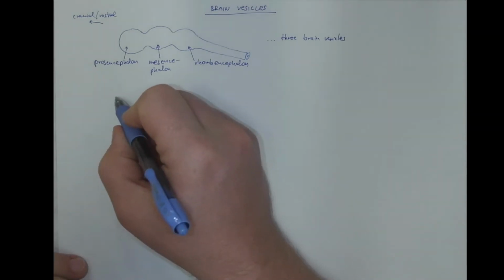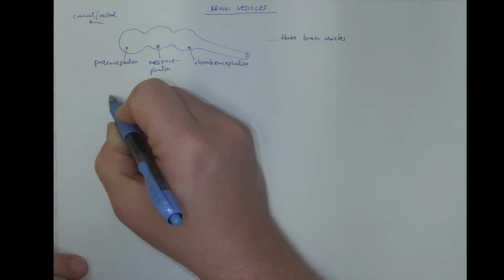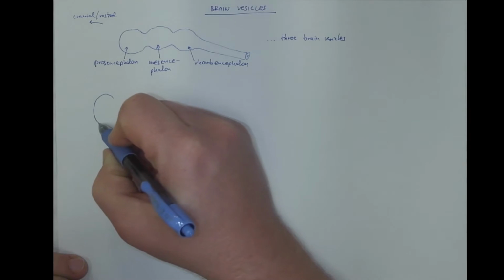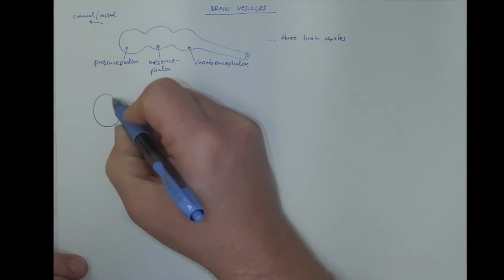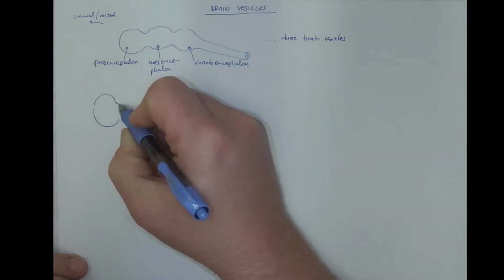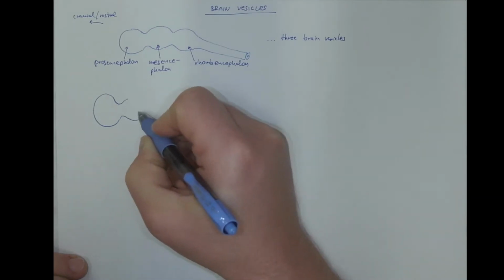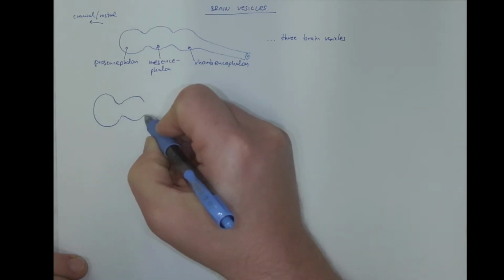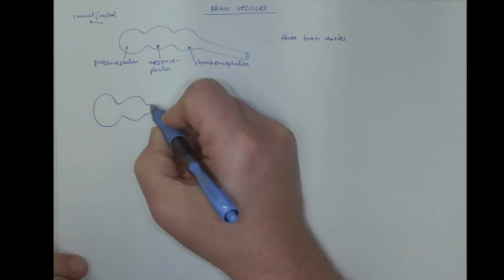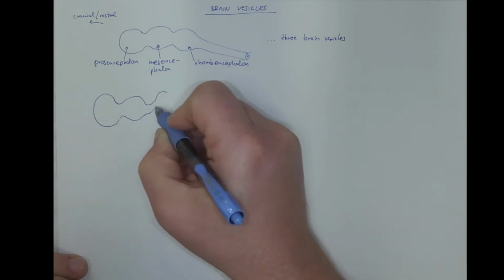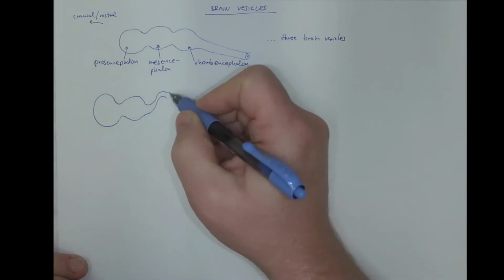In this lateral view, we will see that the prosencephalon will divide into telencephalon and diencephalon. Then we have the mesencephalon, which does not divide into more parts.